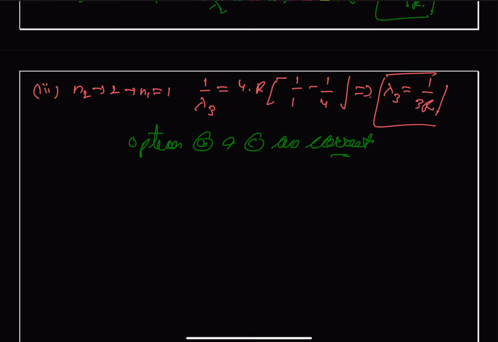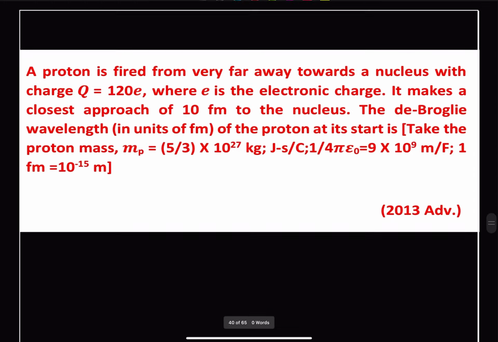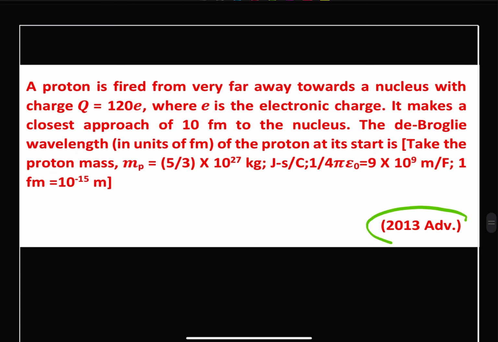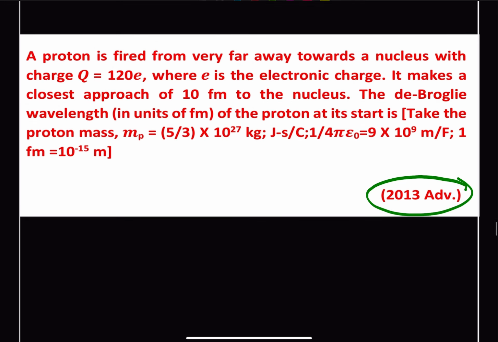Next question. We are given, it was asked in the year 2013 Advanced, and it states that a proton is fired from very far away towards a nucleus with charge Q is equal to 120 times E, where E is the electronic charge.